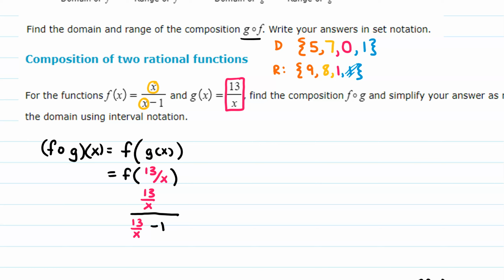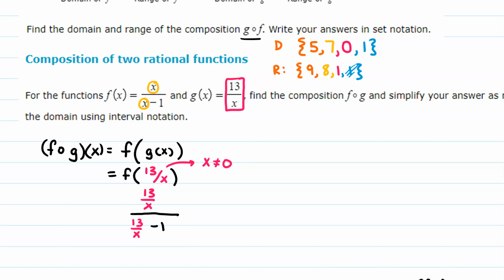Now, before we simplify this, let's look at 13 over x, because that's the first thing we're going to do. In using 13 over x, we know that x cannot be 0, because if x is 0, then I've got 13 over 0, which is bad. So x can't be 0.